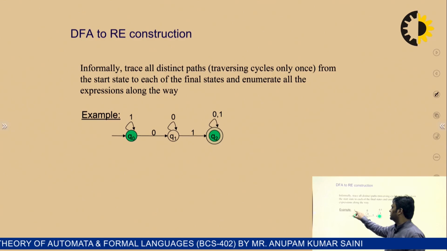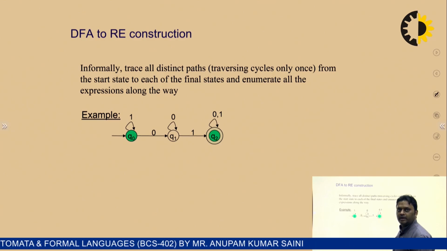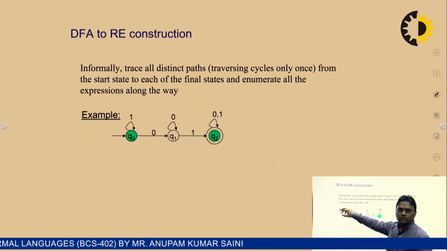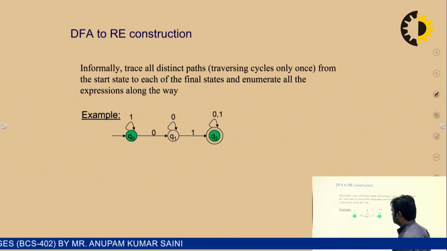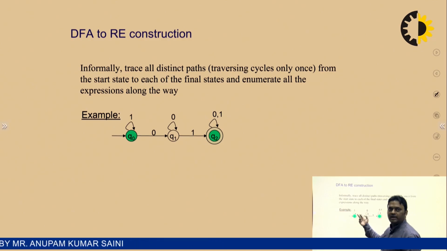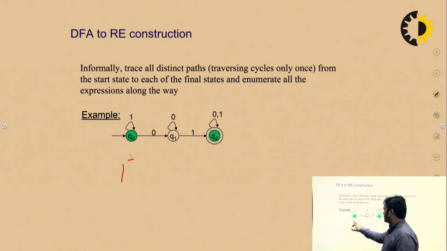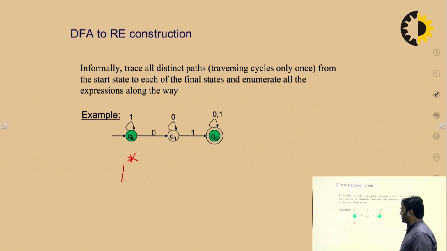First, this is the loop and it is represented with the closure symbol asterisk. So we write it here 1 asterisk, then 0, then 0 asterisk, then 1, then (0 plus 1) whole star.